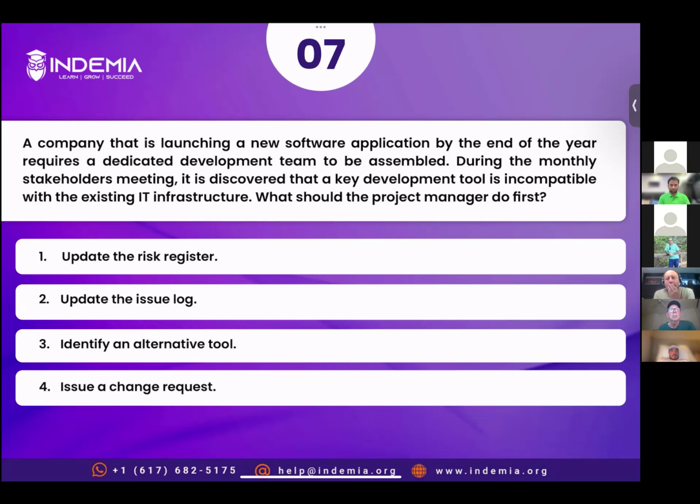So before doing any issue or change doc, that's why we removed options 2 and 4. The next register can be updated, but the first major responsibility of project managers is to find the alternate tool, and that's why I selected option 3. All right, thank you.